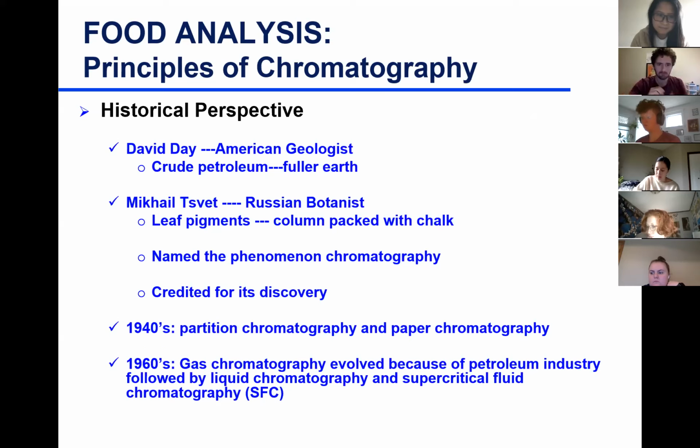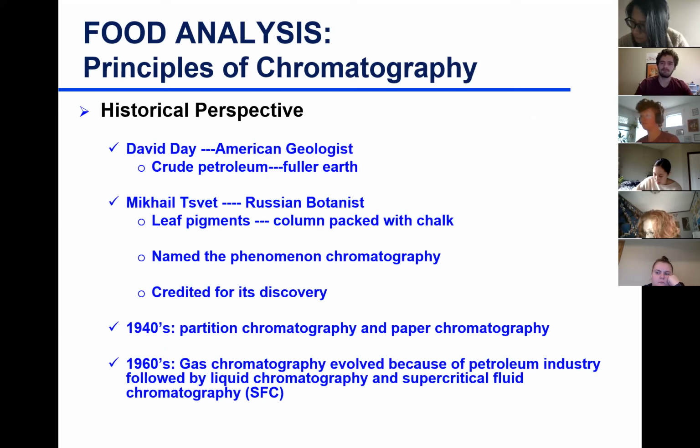In the 40s, partition chromatography and paper chromatography came to exist, and we'll talk about them in detail: what partition chromatography is, what paper chromatography is, and what column chromatography is. And then in the 60s, there was advancement in GC because of the petroleum industry, separating petroleum using gas chromatography.